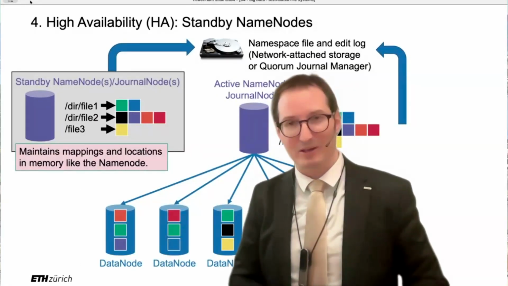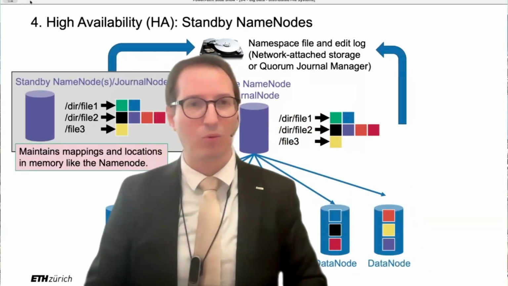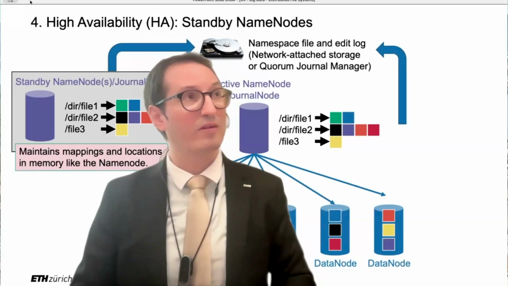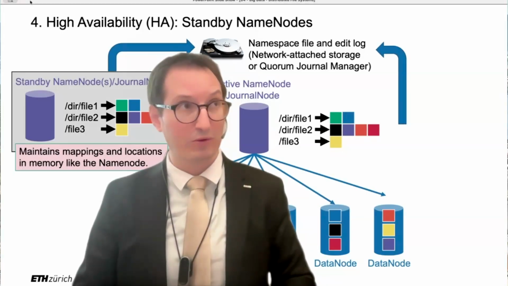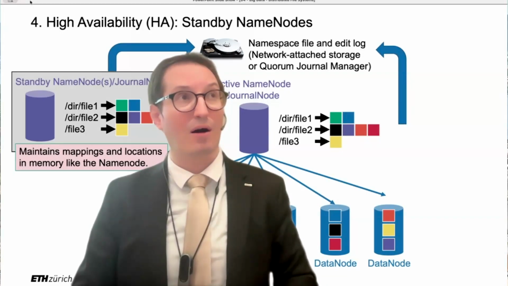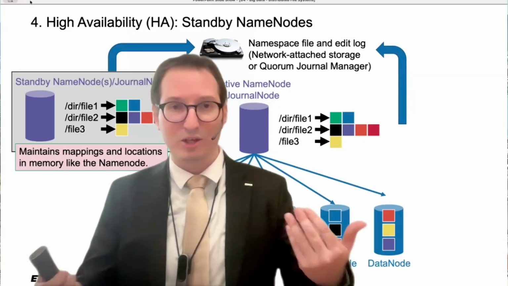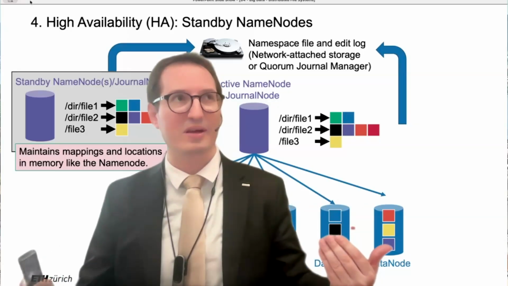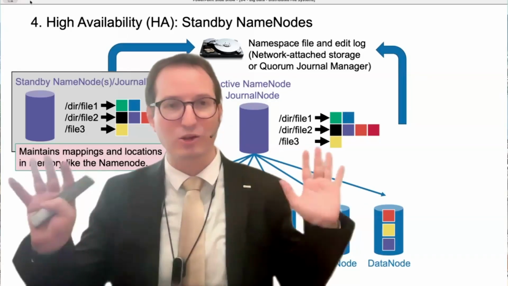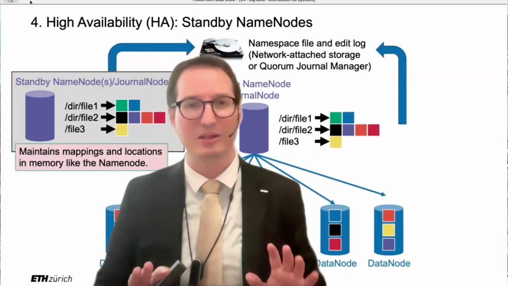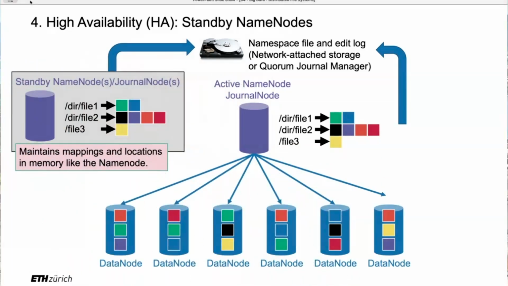But there is even better than that. We have what are called standby name nodes. Standby name nodes are other machines that also run the name node process, but in standby mode. They don't actually do anything or interact in any way with the clients. They are just here, ready to step in if the name node has failed.